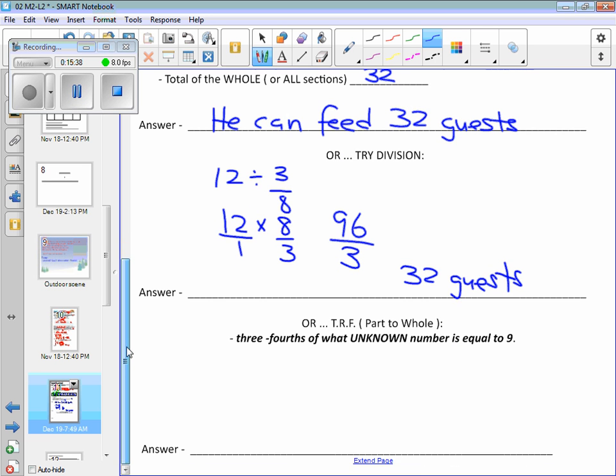As a ratio, part to whole. Make the template, P over W. Take the original fraction. 3 is the part out of 8. Equals.